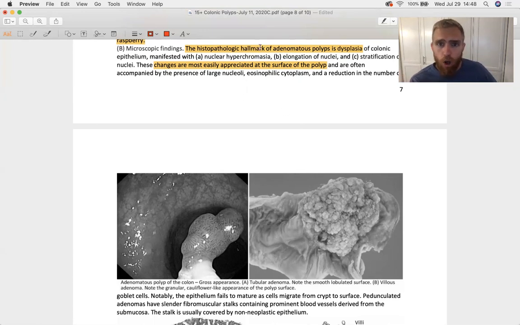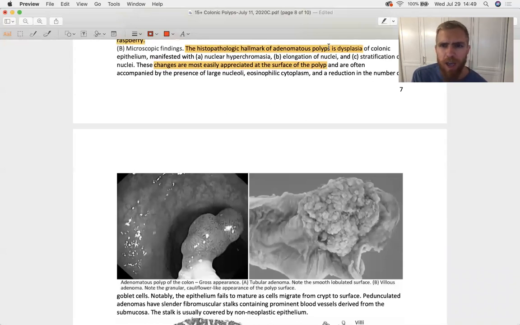The histopathologic hallmark of adenomatous polyps is dysplasia, so that should make sense. If it's dysplastic, then it's trending towards malignancy. These changes are most easily appreciated at the surface of the polyp, and they're evidenced by nuclear hyperchromasia, so dark, pigmented nuclei, picking up stain because they're actively dividing and there's a lot of protein inside the nucleolus associated with that DNA unwinding at the time.